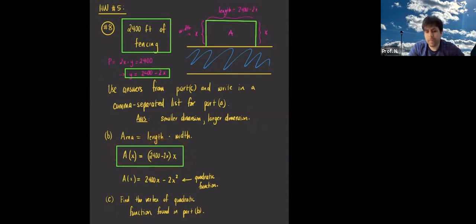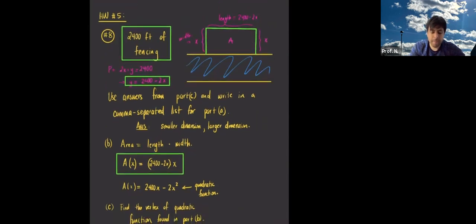We have to be able to easily go from one variable to the other and find a way to express all of our dimensions in one variable. If we're able to do that, then we can create a function that only has one variable in it, and then we can go from there.